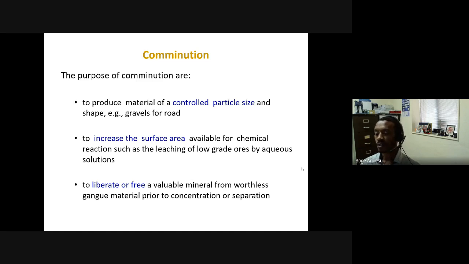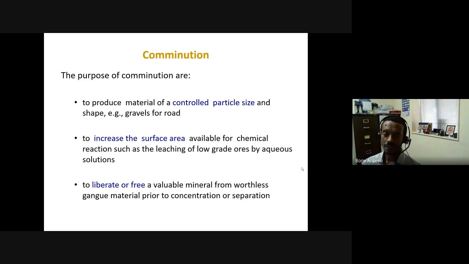In general, we want to produce a controlled particle size. For example, when you do mining or blasting, you may produce a rock that is 1 meter or 1.5 meters in size, and that is what comes to a processing plant.